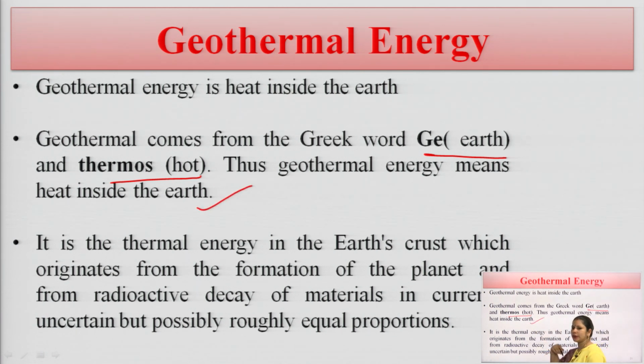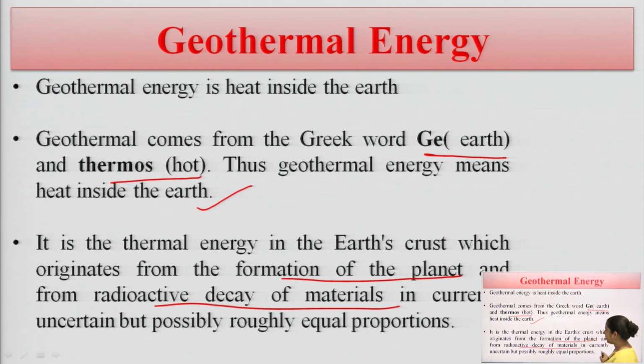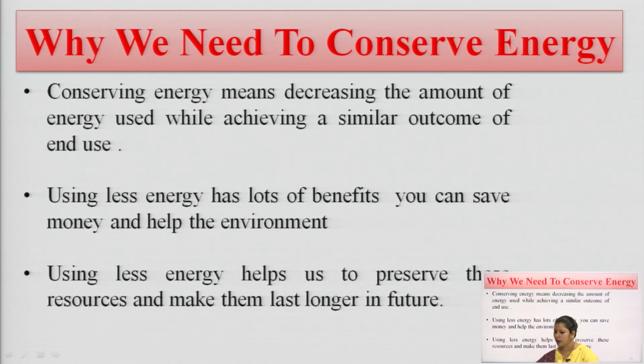We can produce energy by this also. It is thermal energy in the earth's crust which originates from the formation of the planet and from radioactive decay of material, in currently uncertain but possibly roughly equal proportions. So, we are going to increase our energy from this also.